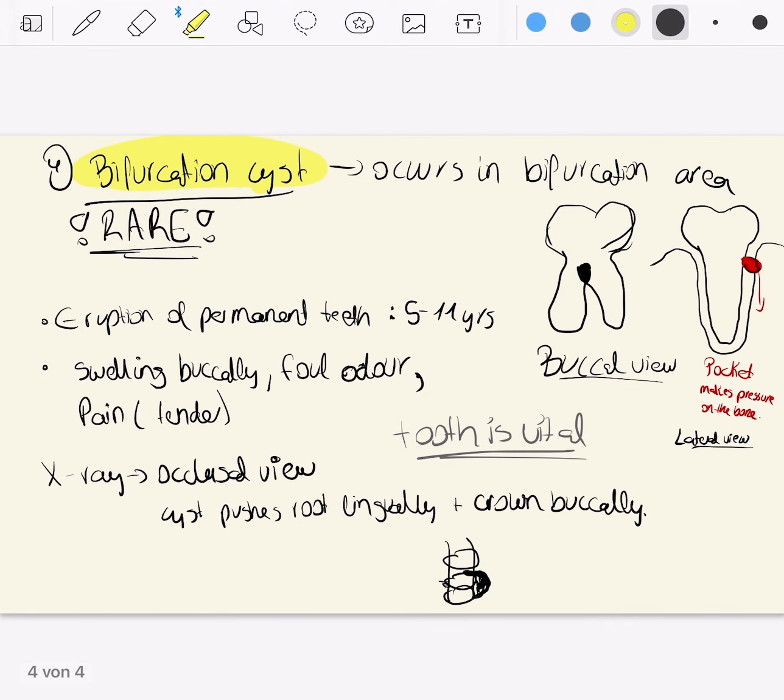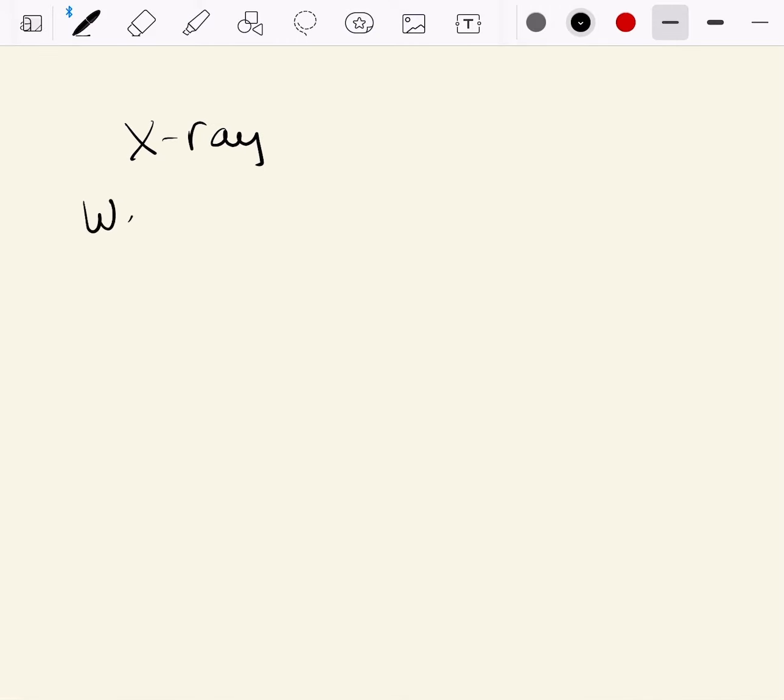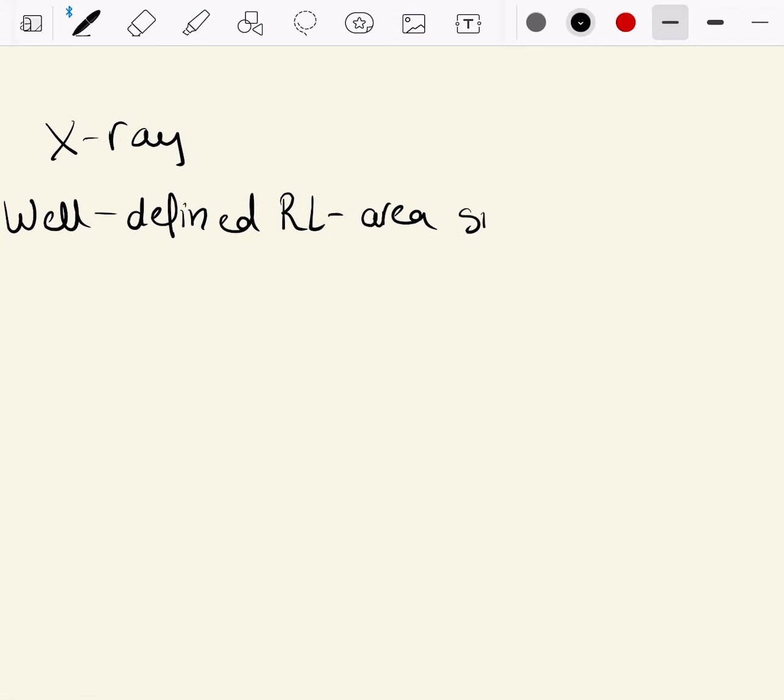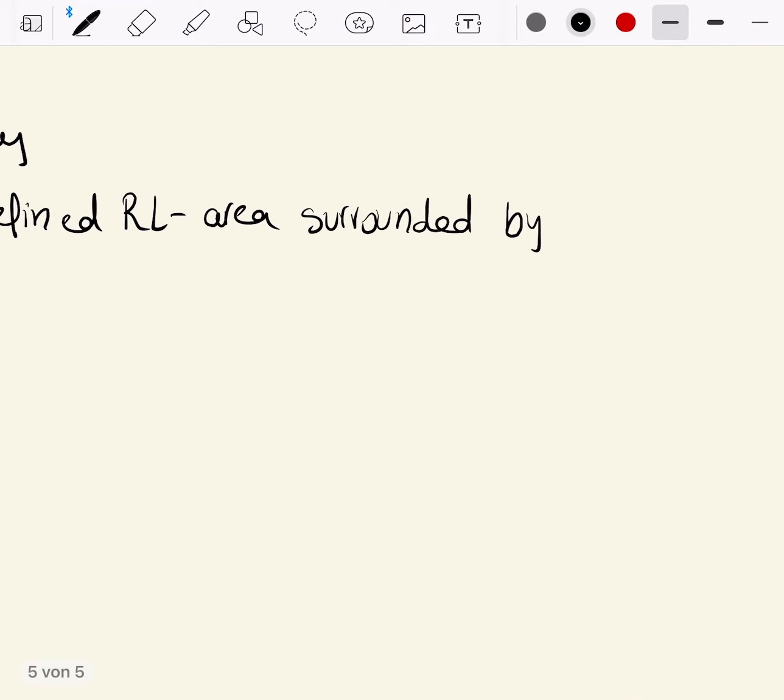To explain the characteristics of any cyst, it is important to say that when you see any cyst, it is a well-defined radiolucent area surrounded by a radiopaque ring.